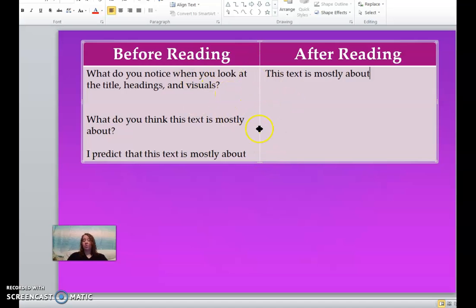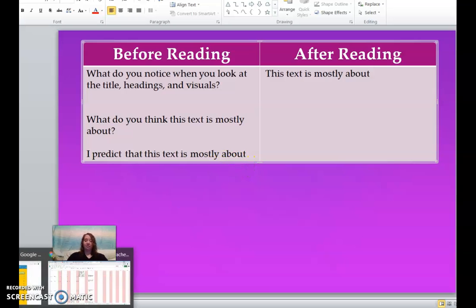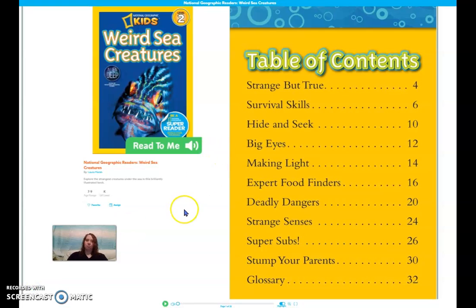Remember, using what you noticed when you previewed the text. Now, in order to be successful with this text, remember, you're thinking about not the topic, but what the author wants you to know about the topic. So we could say, by looking at the cover, that this text is mostly about weird sea creatures.